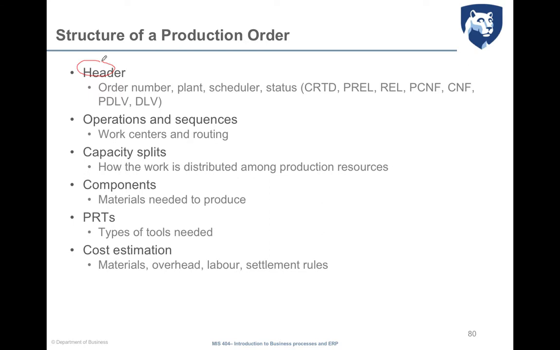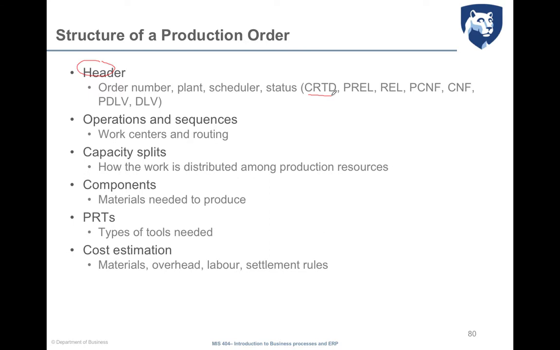The order header includes basic data such as the unique order number, the plant where the material will be produced, the person, also called scheduler, responsible for scheduling the production, and the status of the order. In particular, let's focus on the status, because a production order can pass through different statuses. When the order is initially saved, the status is created, also CRTD.